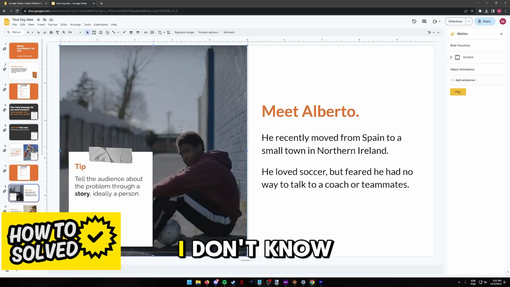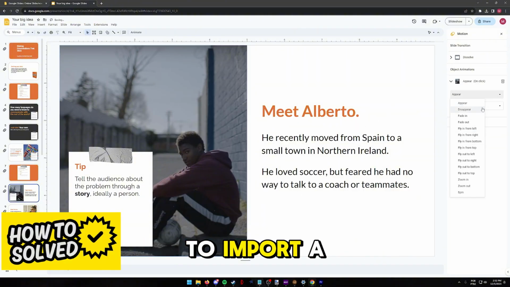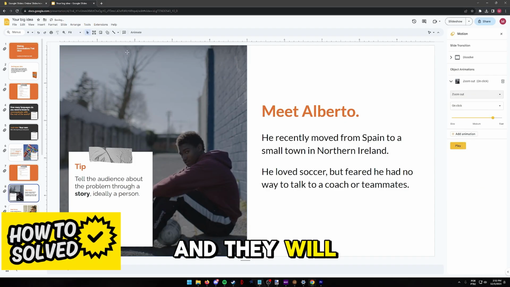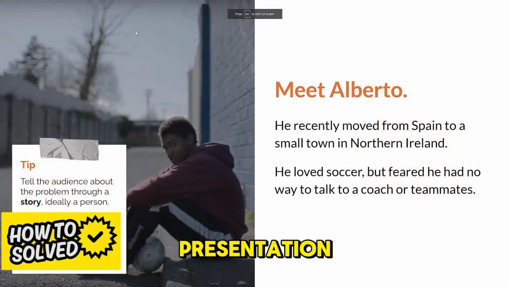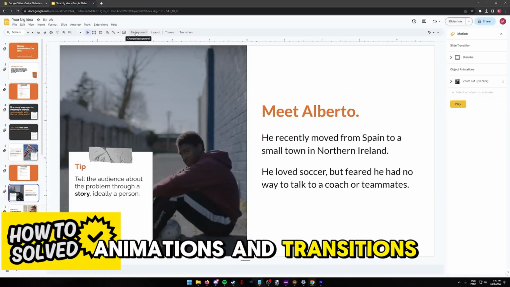As of today, I don't know of any plugins or alterations that you can make to import a morph transition, but usually these will be enough and they will help you achieve better slides and a better presentation feel. You can add them to any object inside of your presentation and you will be able to make them look cooler and add better animations and transitions between them.